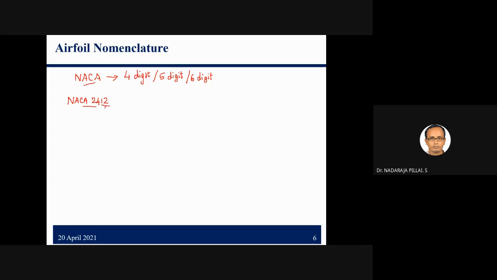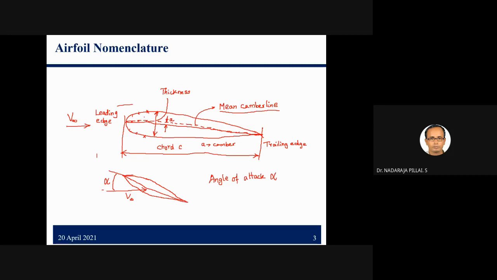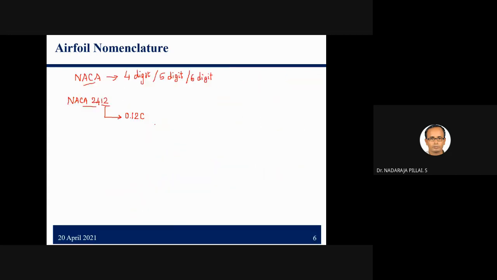You know the thickness now. So it means the percentage of maximum thickness. So the maximum thickness is 0.12 times C. So here you have C, and 0.12 times C, that is 12% of the chord, is the thickness, right?